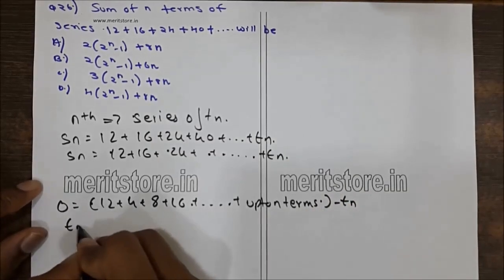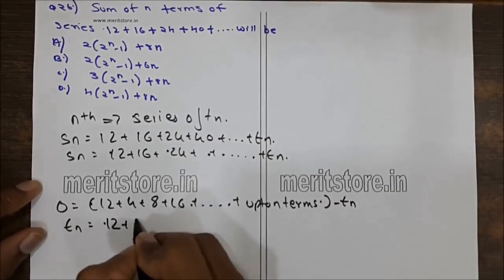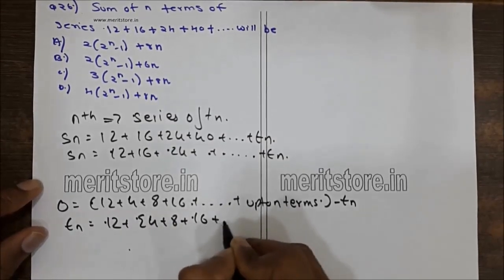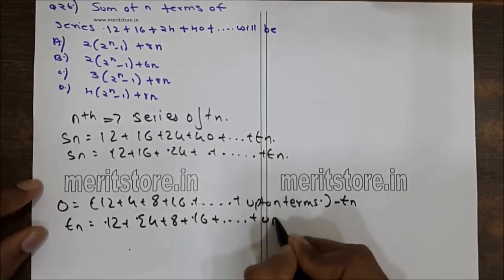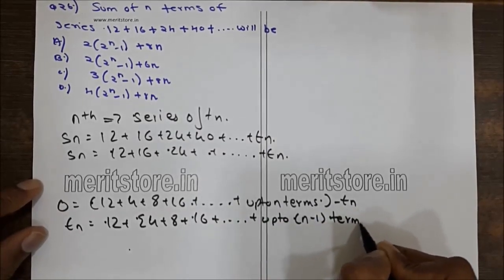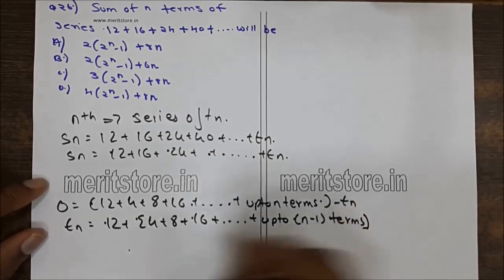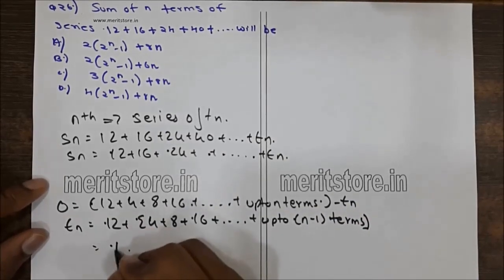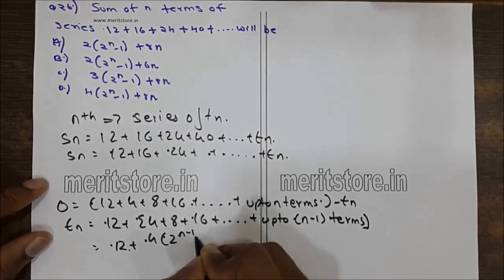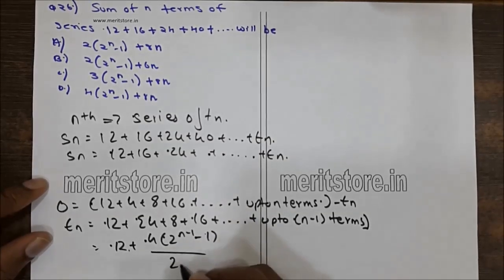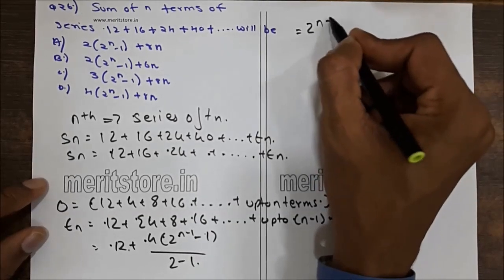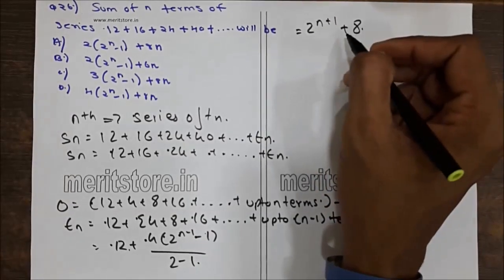So we can write Tn is equal to 12 plus 4 plus 8 plus 16 plus ... up to n minus 1 terms. For solving this, we get 12 plus 4(2 raised to n minus 1 upon 2 minus 1), which we get as 2 raised to n plus 1 plus 8.